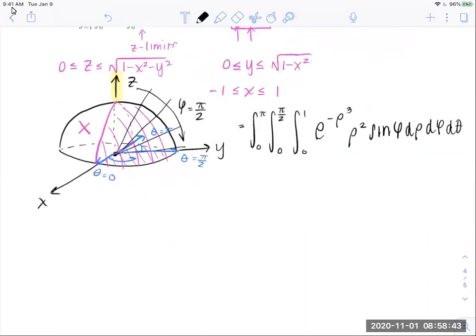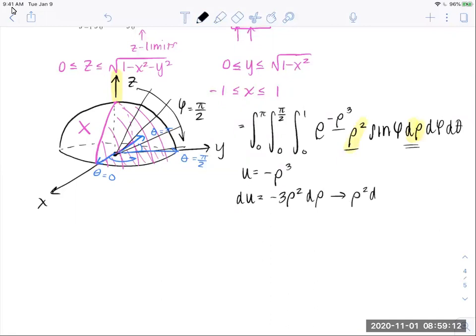So I want to integrate with respect to rho first. You'll notice that I have two rhos occurring here in my integrand. So I'm going to set up a u substitution. I'm going to let u be this inner function negative rho cubed. So that gives me du is a negative 3 rho squared d rho. What I see is a rho squared d rho. So let me solve for that.